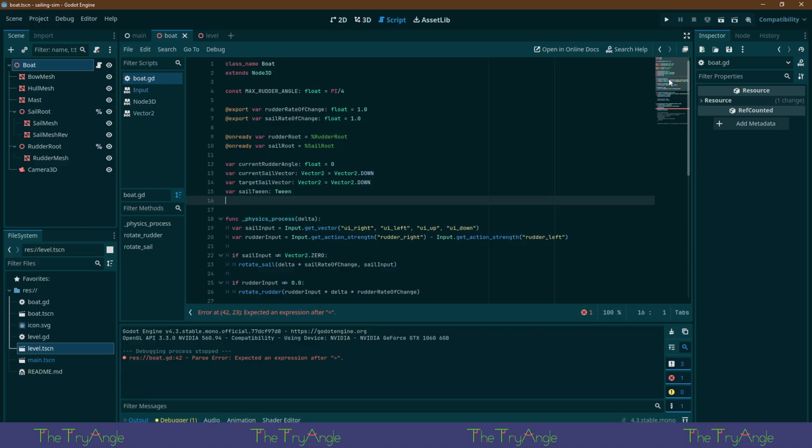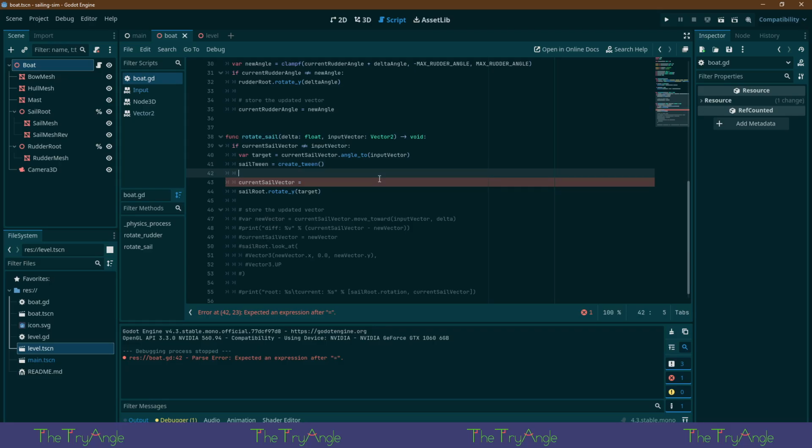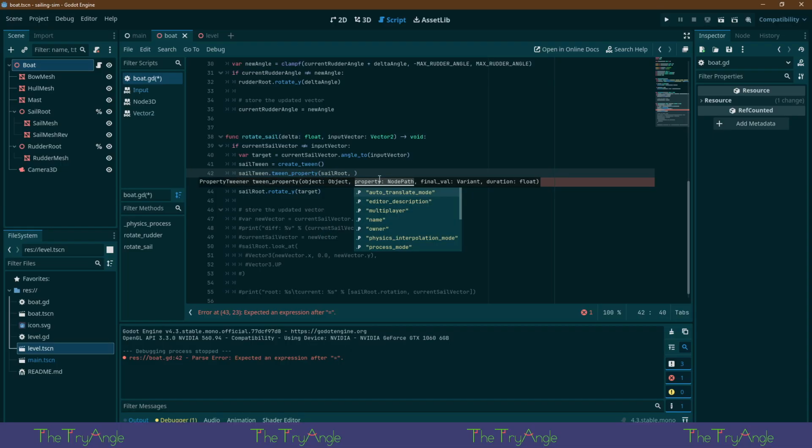All right, so let's see here. Oh, no, sorry. We have to create, and then we're going to tween a property of the sail route, and we're tweening.